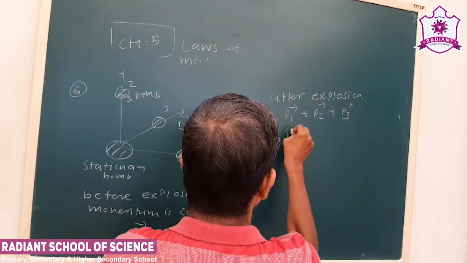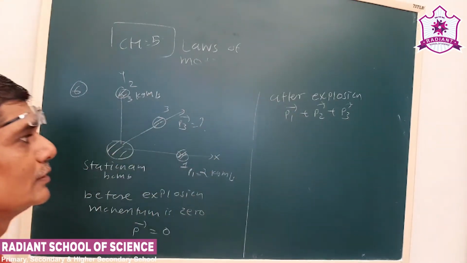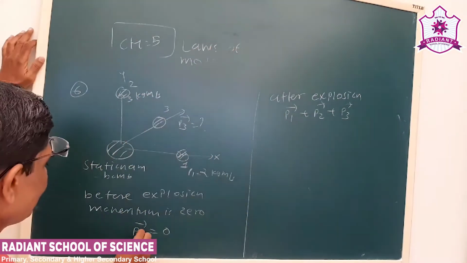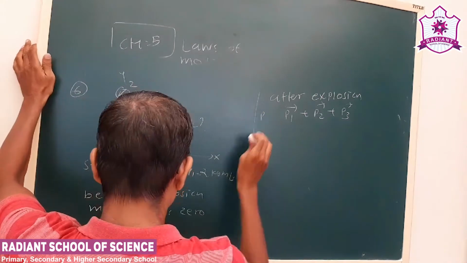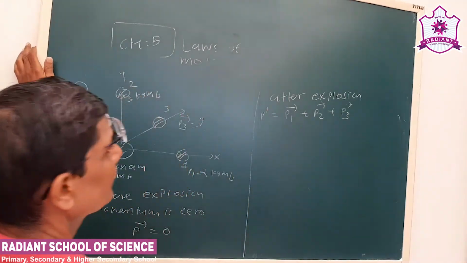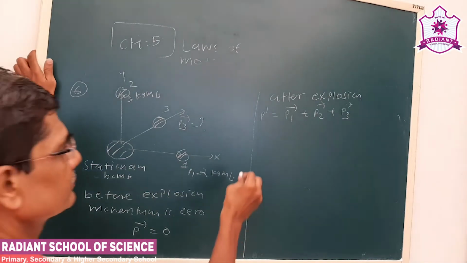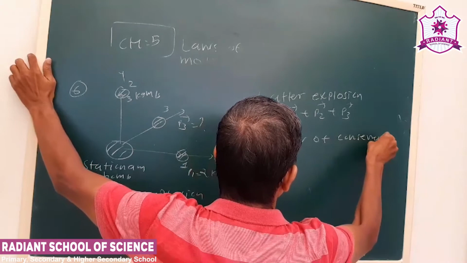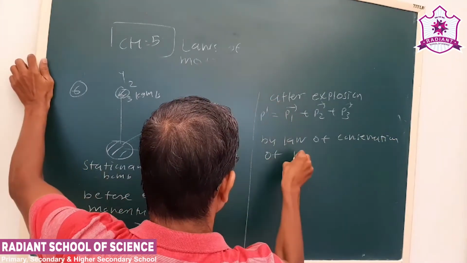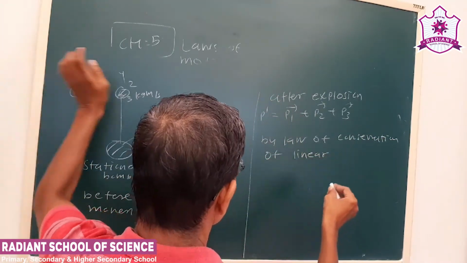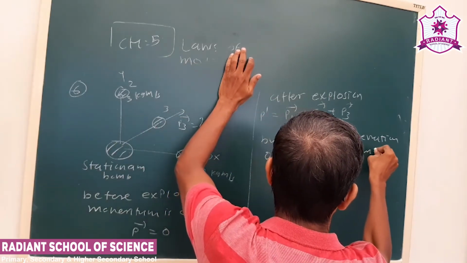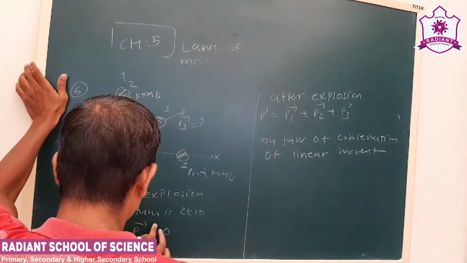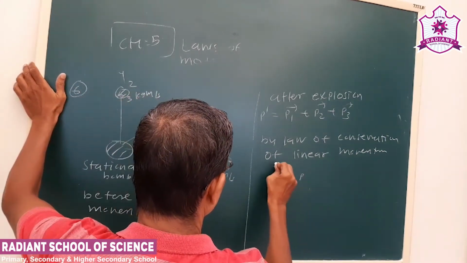This is the final momentum, P dash. By the law of conservation of linear momentum, final momentum and initial momentum will be equal, so P dash is equal to P.